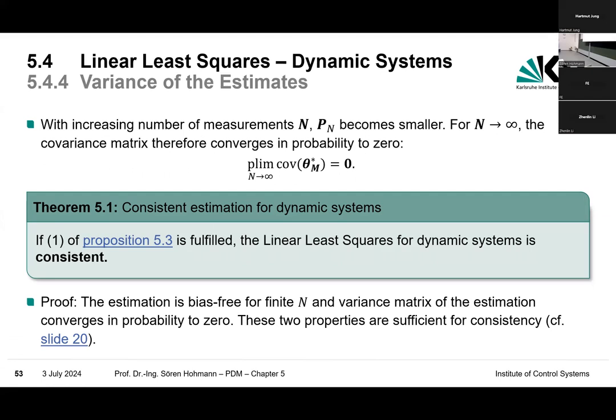So if you're interested in this supplementary material, please feel free to read it. There's also at the very end a nice link to observability and controllability of systems and stability, which basically say if the system is observable, controllable, and stable, then we can identify the system by means of least squares estimation procedures, for example. That's interesting, but out of the scope of this lecture, and therefore just added as additional knowledge.